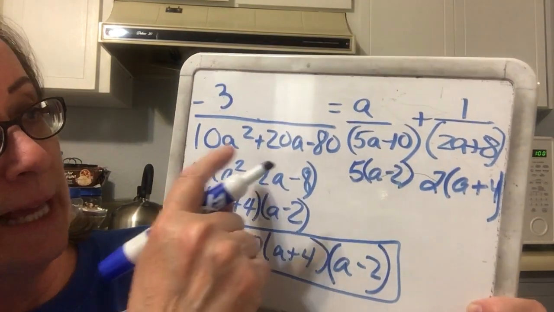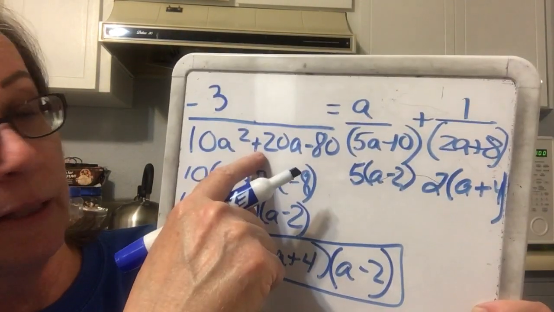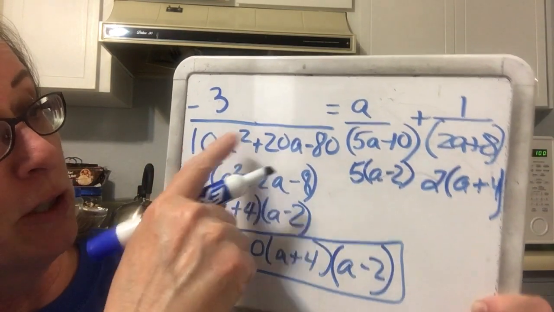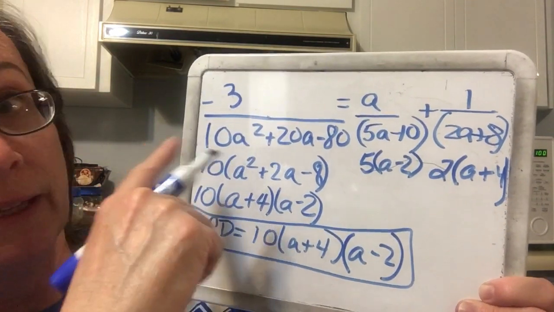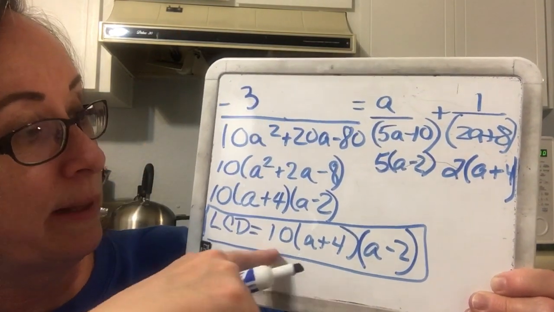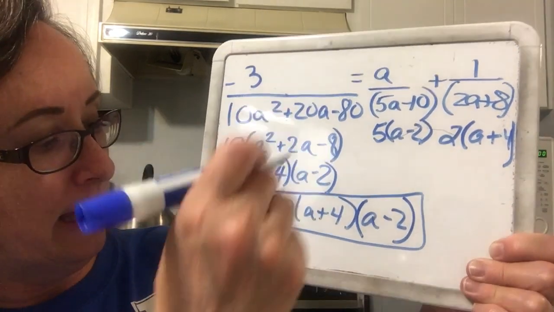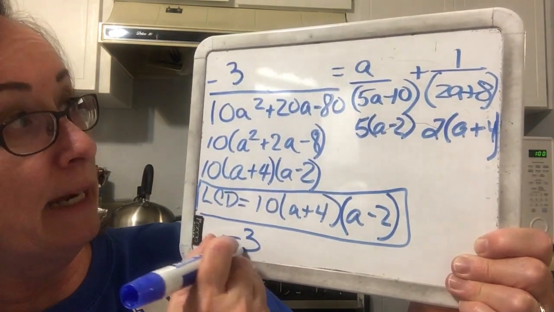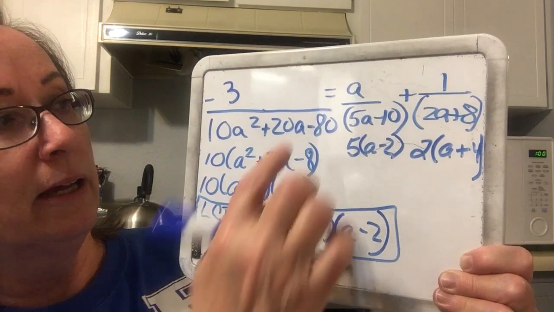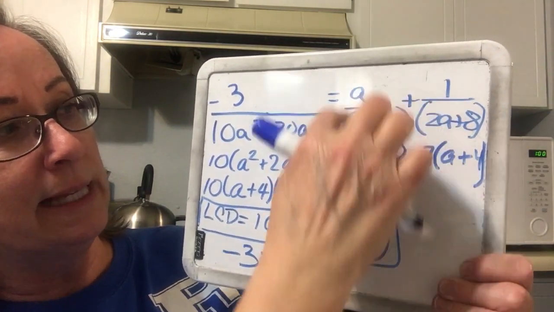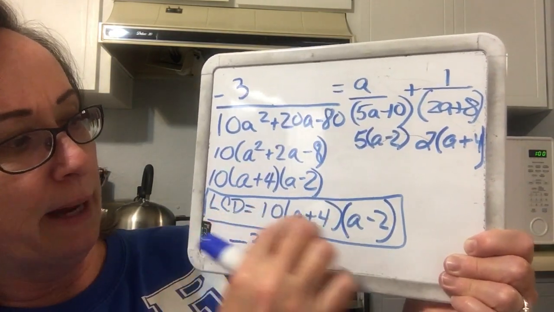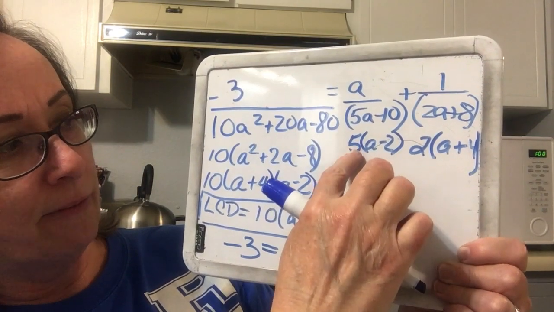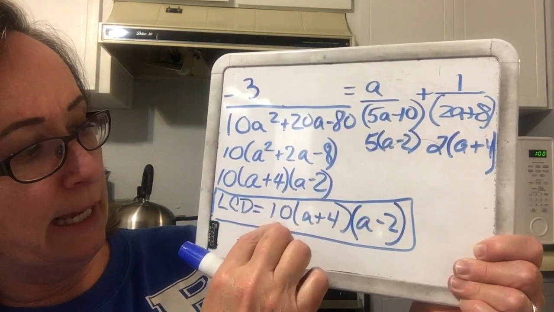Okay, now notice this LCD is already the same thing that's on the bottom. So when I multiply the first term by the LCD, the denominator cancels with the LCD because they're the same thing, and I'm left with negative 3. Okay, so then I multiply this expression by the LCD, and I've got a 5 that's going to cancel the 10.